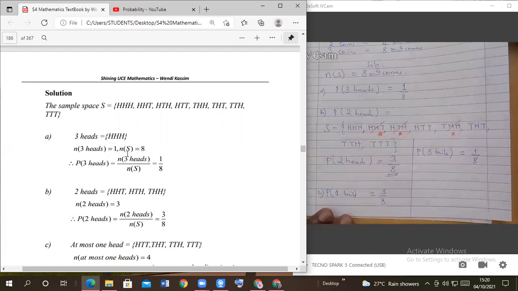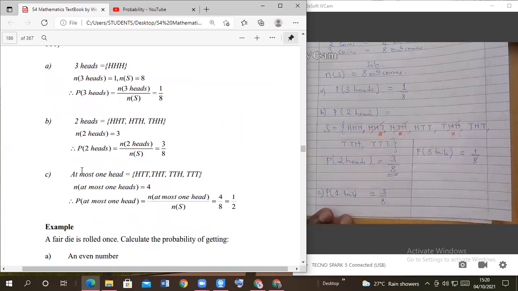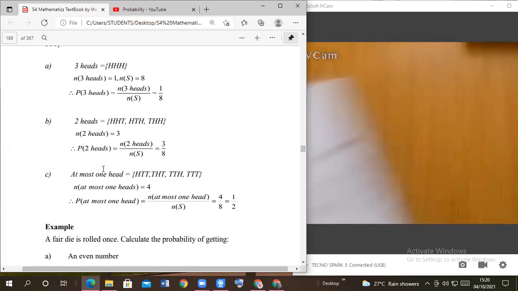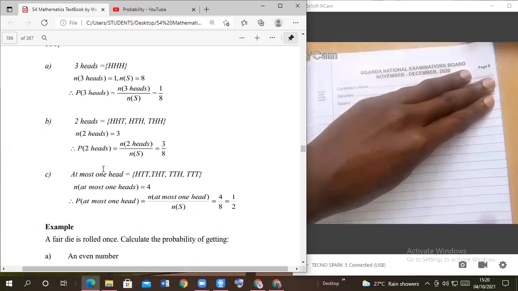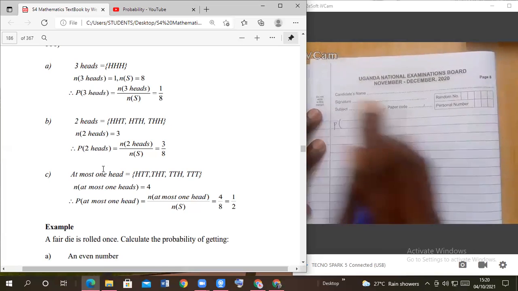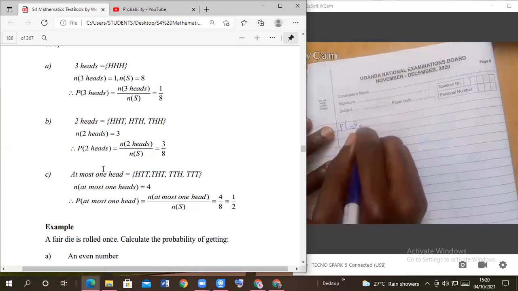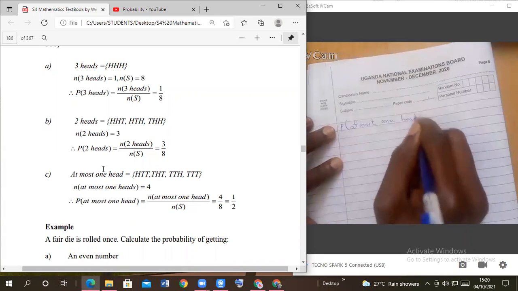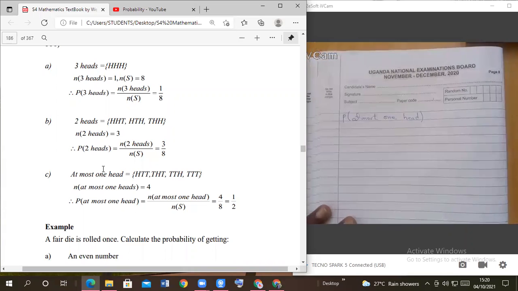Then when you look at the question they're asking, what's the probability of getting at most one what? 1 head. Now that one, English matters. English also matters here, members. At most one what? 1 head.